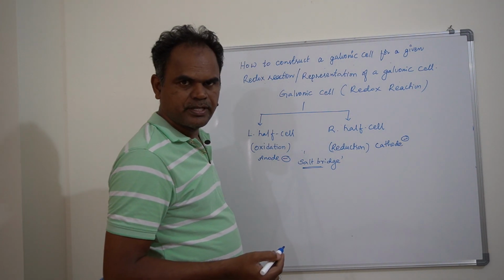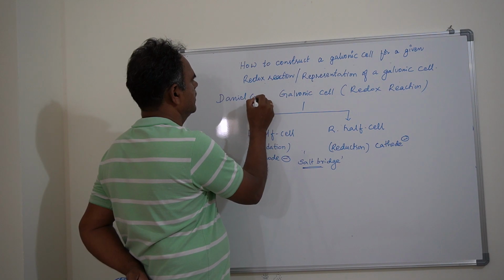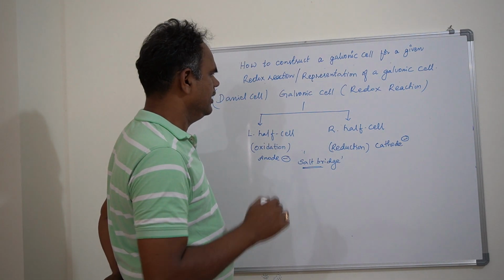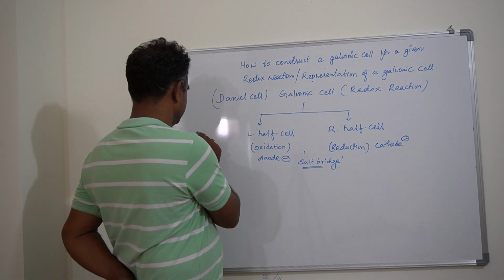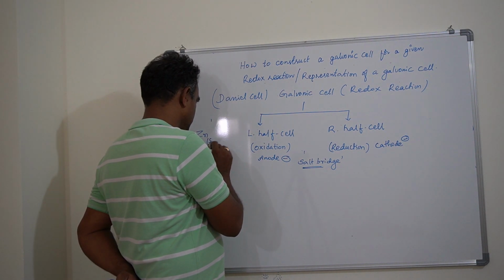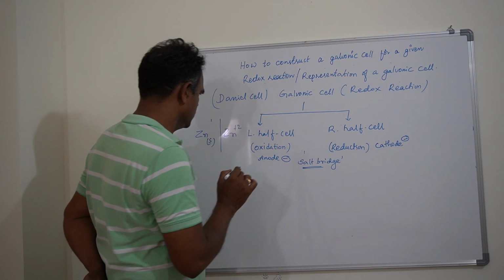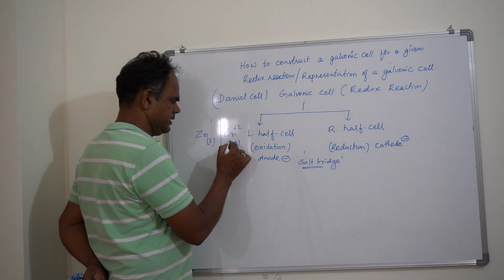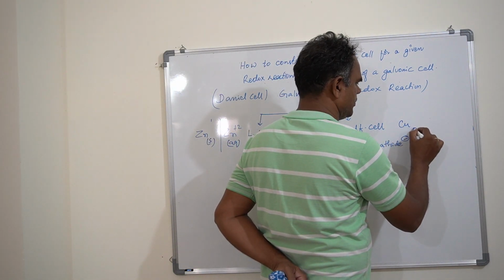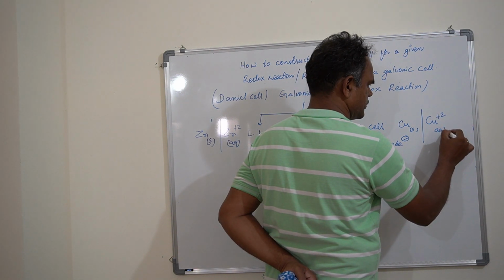A typical galvanic cell, as you already know, is the Daniell cell. In this Daniell cell, the left half cell is pure zinc metal placed in zinc sulfate aqueous solution, and in the right half cell we take pure copper metal in copper sulfate aqueous solution.